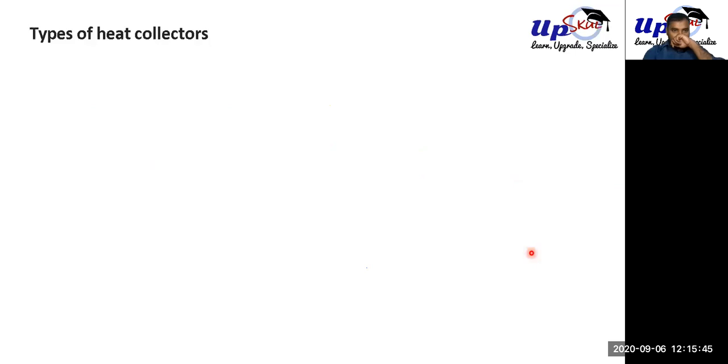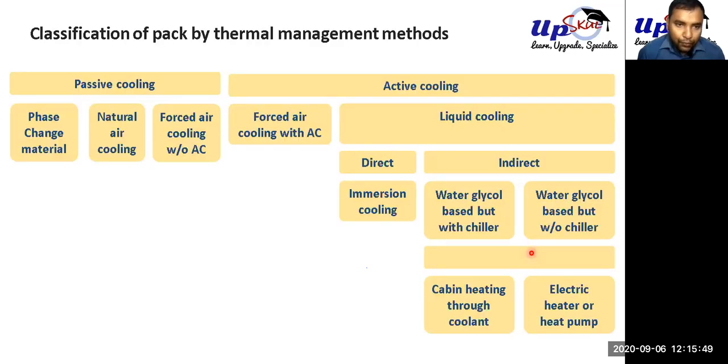Yeah. That's about the types of cooling methods. So whatever we are going to do, we are going to focus on these two kinds of cooling methods: water based with chiller, water based without chiller. Every single one of the car manufacturers uses one of these. As I said, immersion cooling still doesn't exist for automobiles.